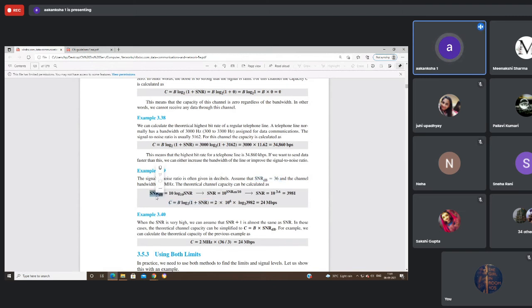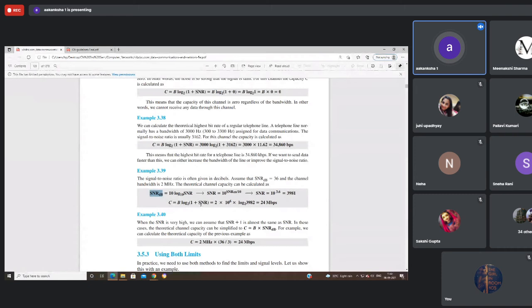SNR dB is 10 log10 of SNR, so SNR is 10 to the power of SNR dB upon 10. SNR now becomes 10 to the power 3.6, which is 3981.